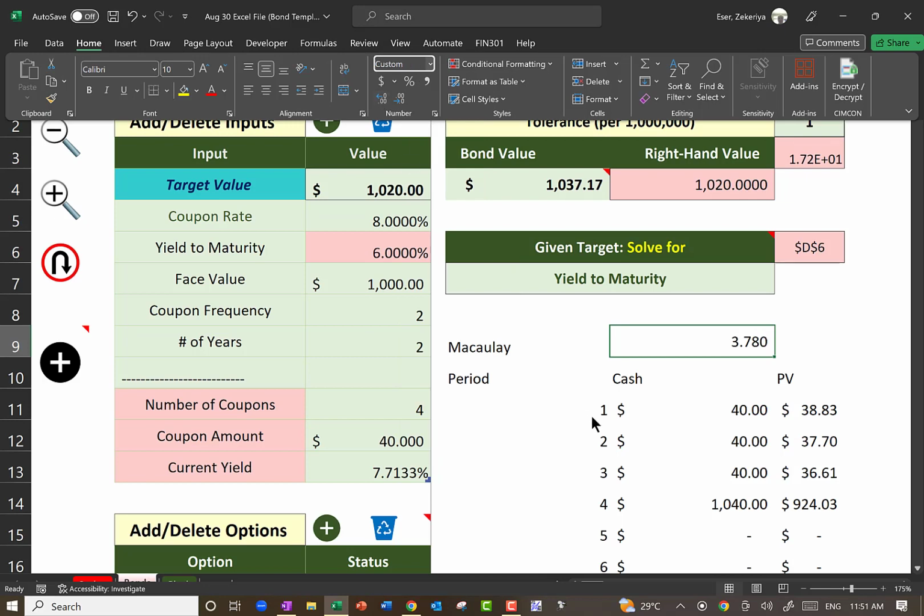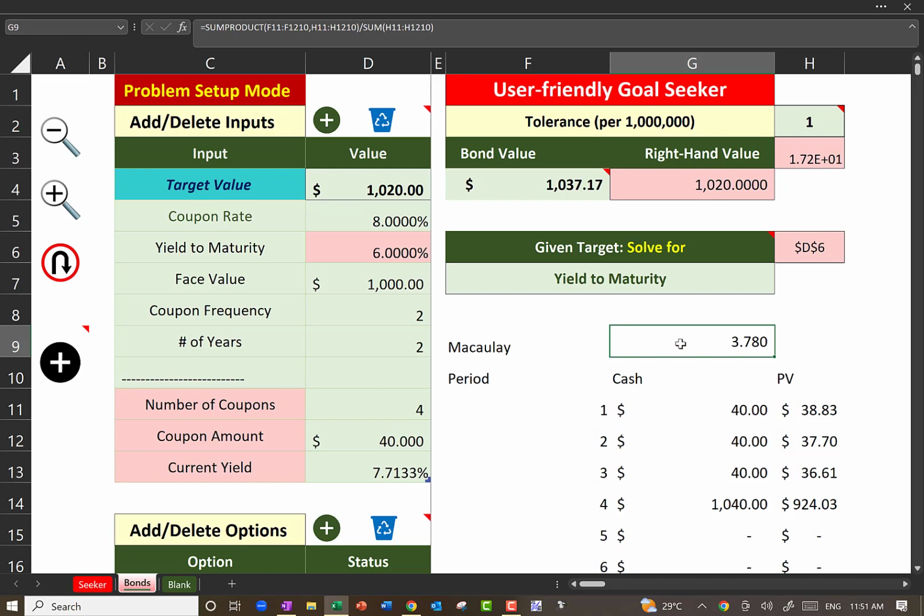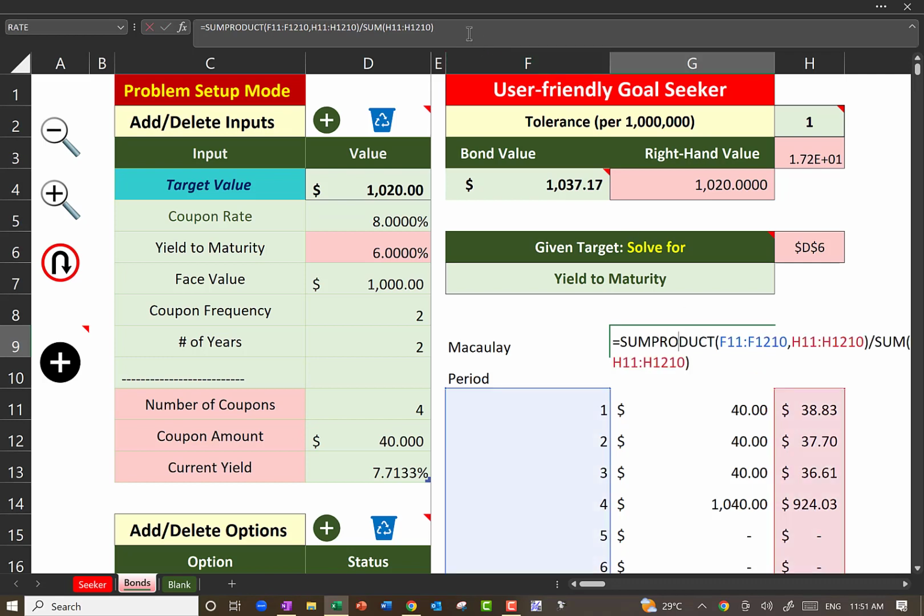And let's give it a nice little background format.